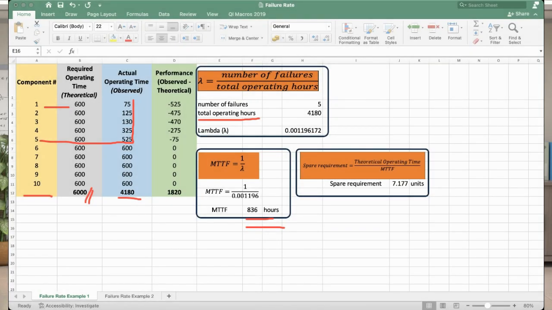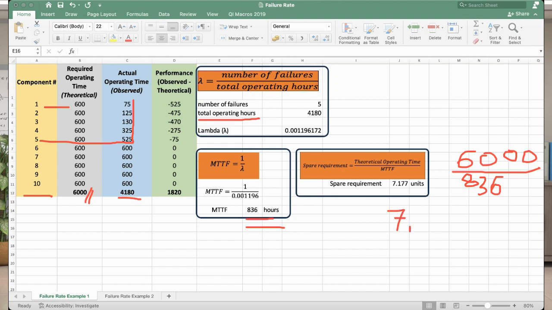My friends, now since we have an MTTF, mean time to failure, of 836, I came up with this formula for calculating repair spare requirements: total operating time, which is 6,000, divided by MTTF, which is 836, gives us spare requirements, 7.177.